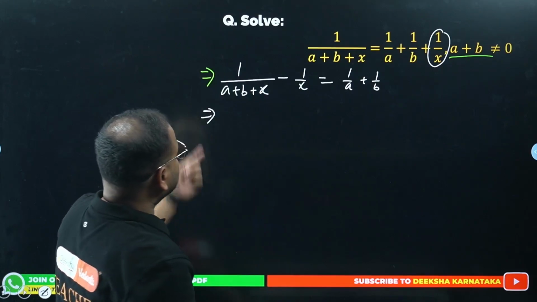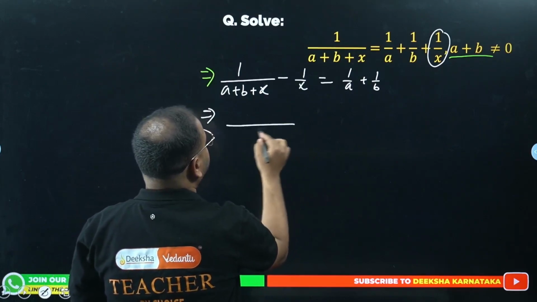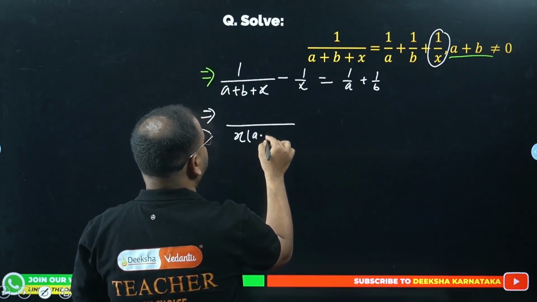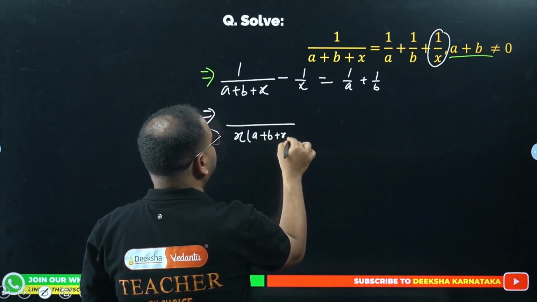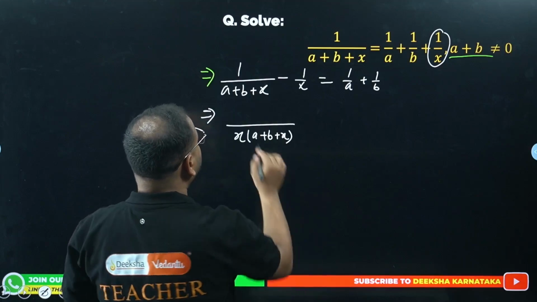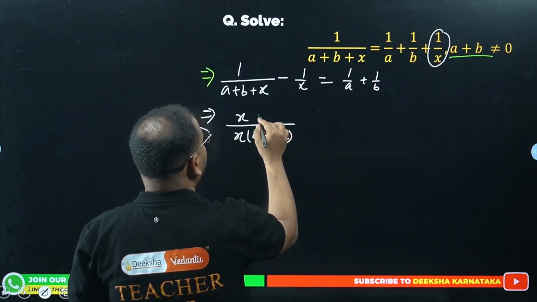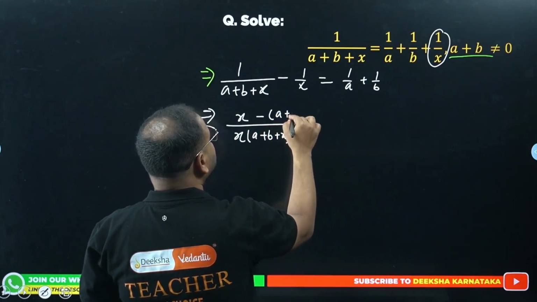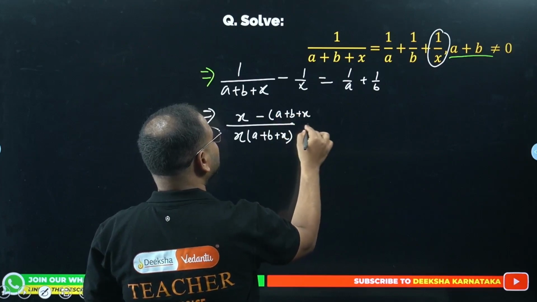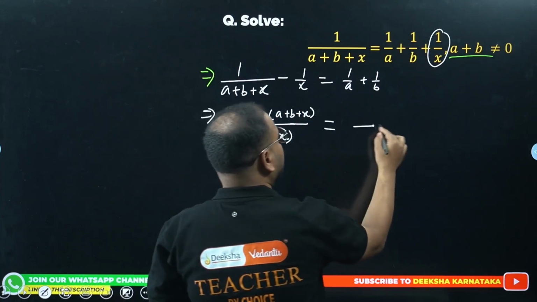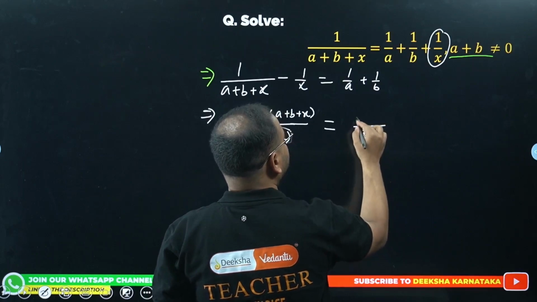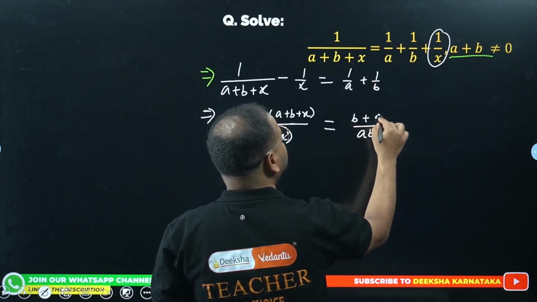Now take LCM. What is my LCM? x times a plus b plus x, same way as the previous one. I will get x here and here a plus b plus x, and this will be ab and b plus a.